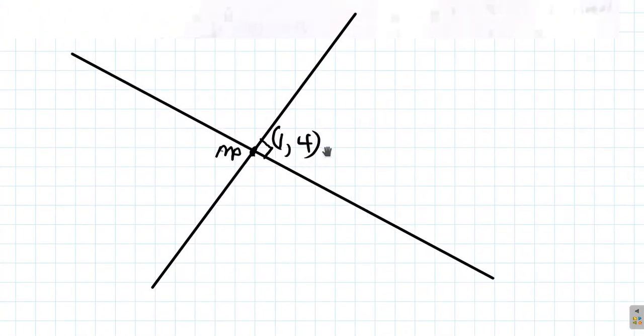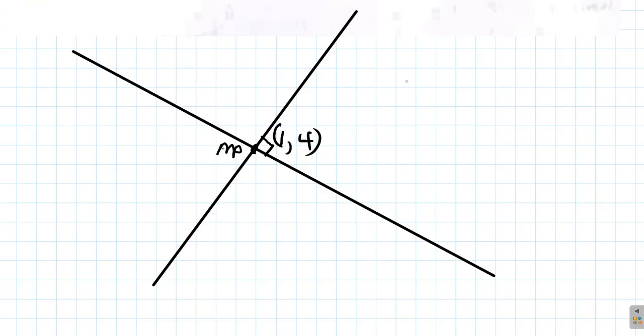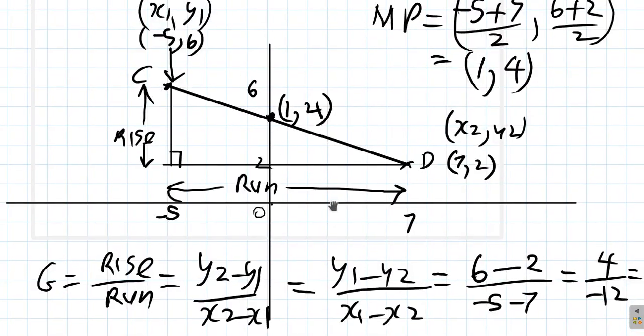Now, you must remember the relationship between two lines that are perpendicular. What happens with the gradient? You have to remember that when two lines are perpendicular, the gradients multiply to give -1. Right? Now this line was CD.